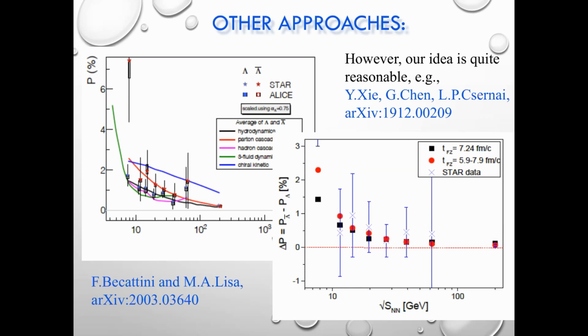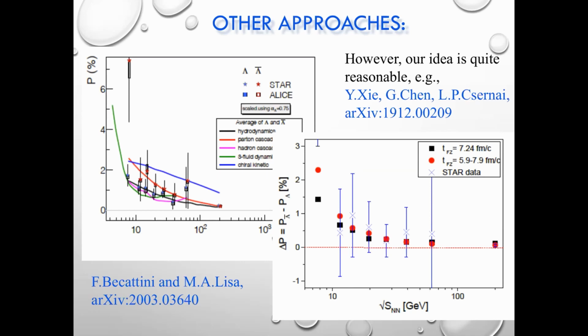On the other hand, our idea with different freeze-out times was considered to be quite interesting and reasonable. And our friend Laszlo Csernai, together with his two Chinese collaborators, Yilong He and Gang Chen, picked this up and used it in their hydrodynamic particle-in-cell code.